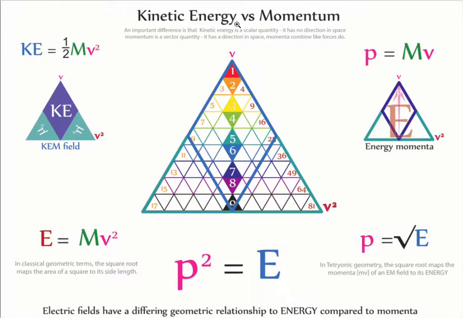As I mentioned a couple of times, the equilateral geometry obviously dictates the mathematics that can be developed to describe physical systems. And this page here just gives us the relationship between kinetic energy of chem fields versus the momentum that the chem field can create, or the linear momentum.